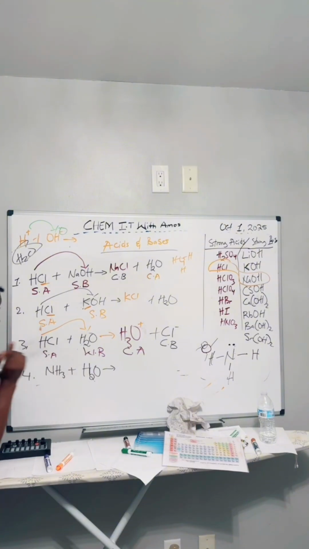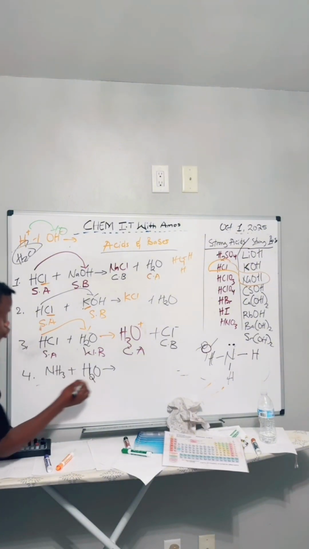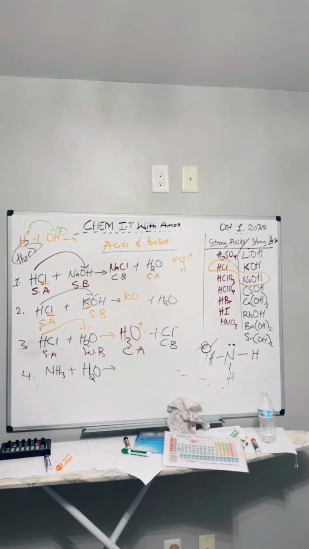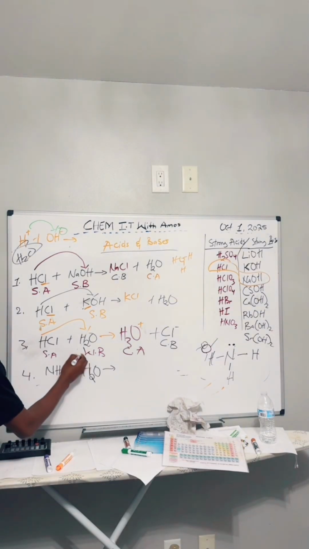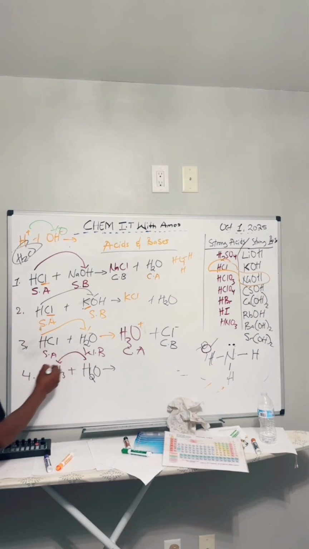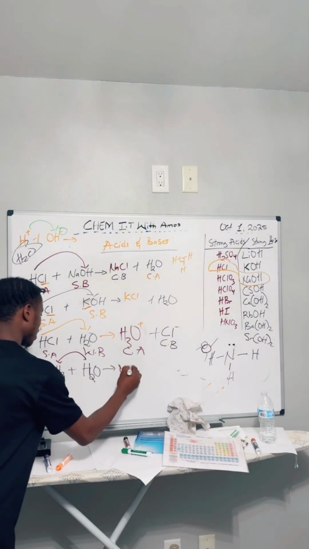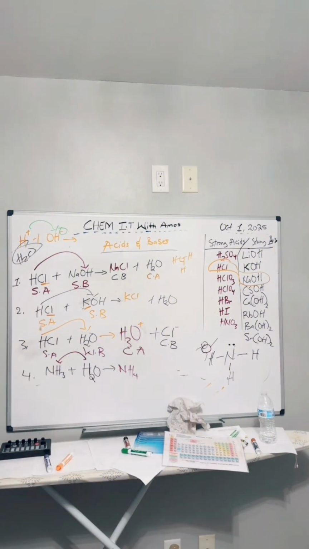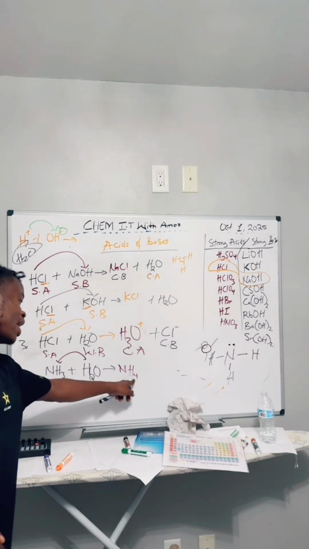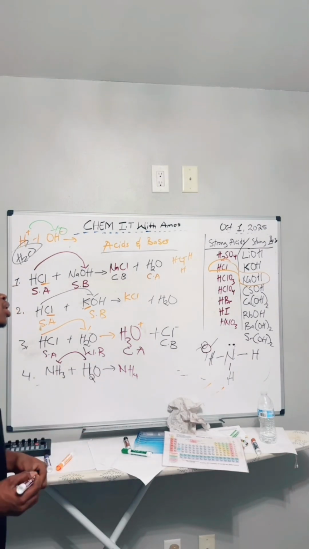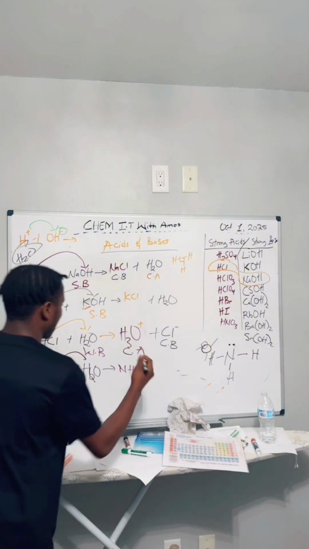This is going to lose one of its H. The H you see here, it will lose one to ammonia, which will accept it. Then it will produce NH4. Ammonium, with 4 attached to N, must have a positive charge there.